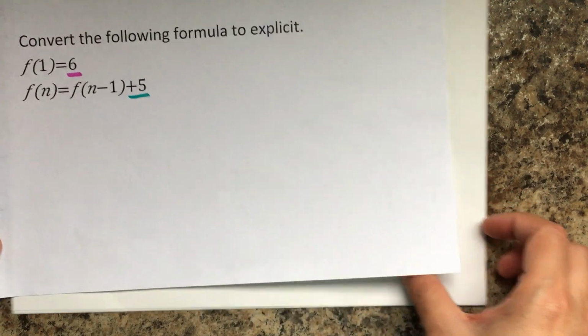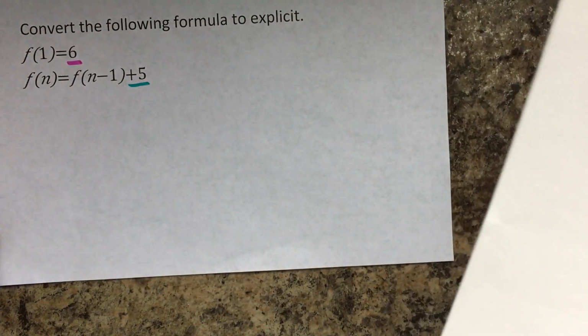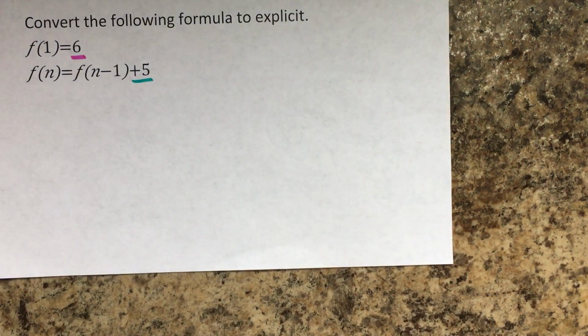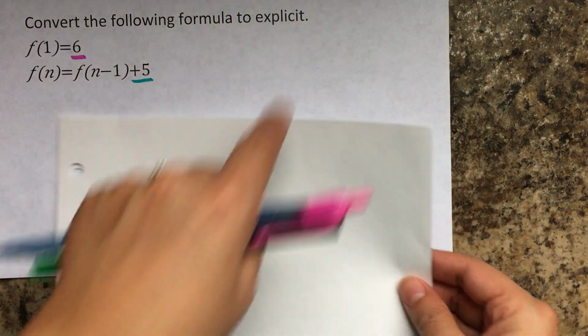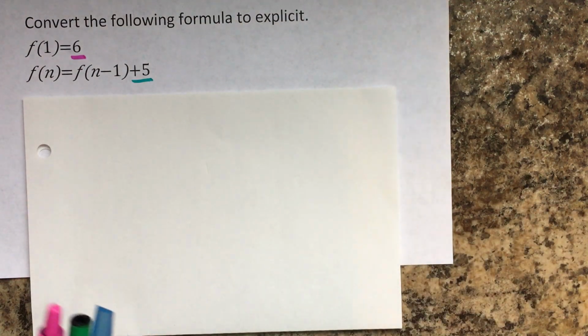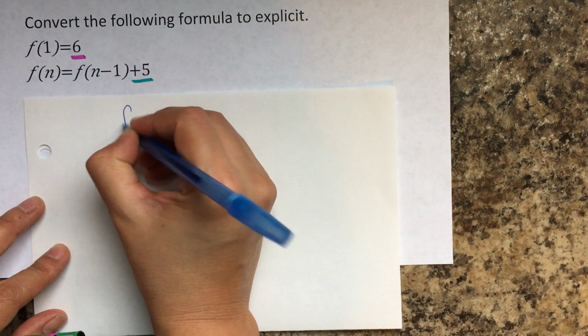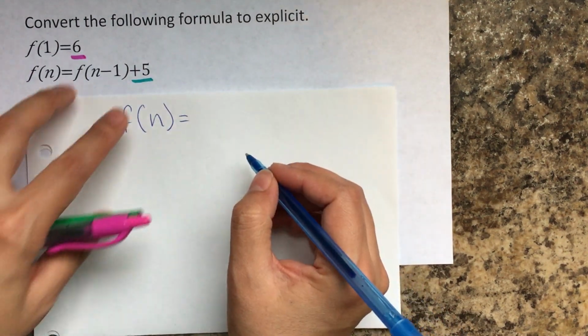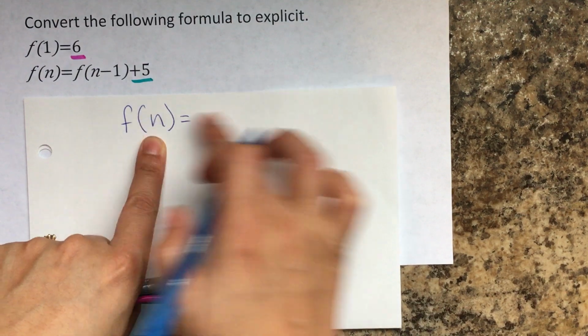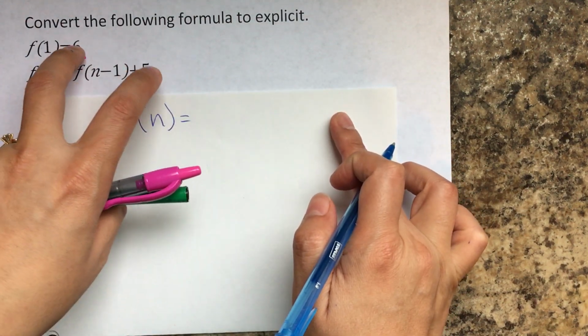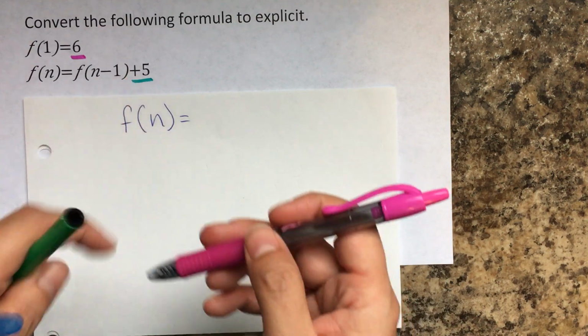So let me see. If I have this recursive formula, how would you write it as an explicit formula? Well, remember that the explicit only has one part, and you can go back to the chart that we did right now, but it's just f of n equals, remember that in the explicit we only have one equation with both parts, the initial point and the pattern together.